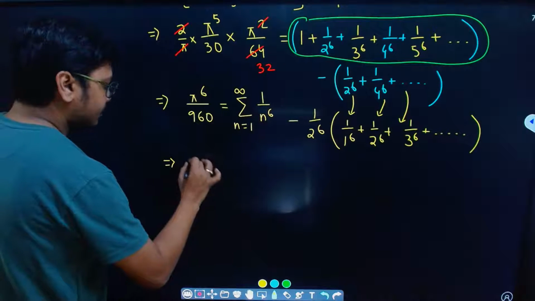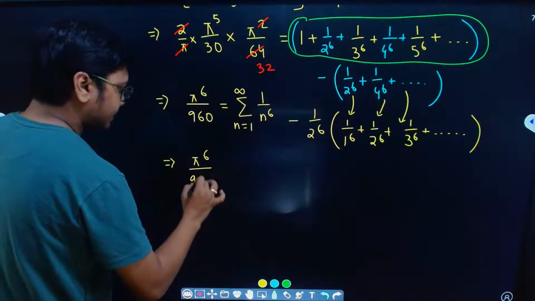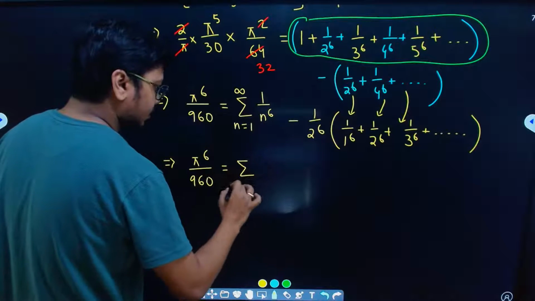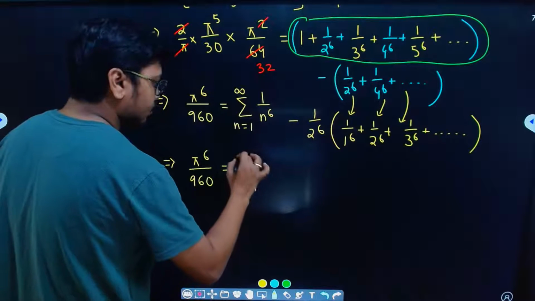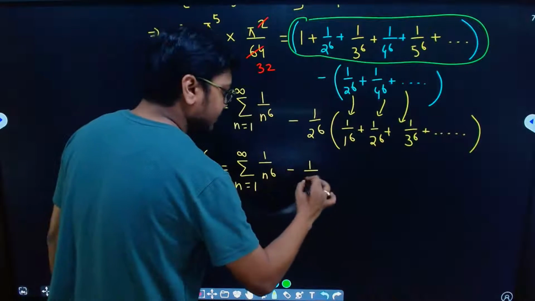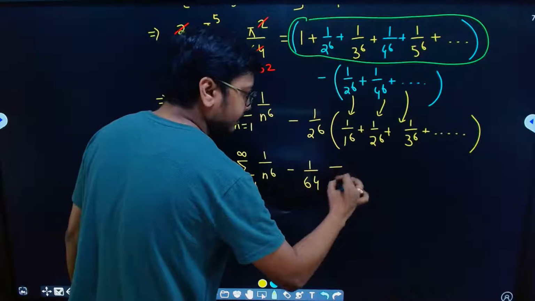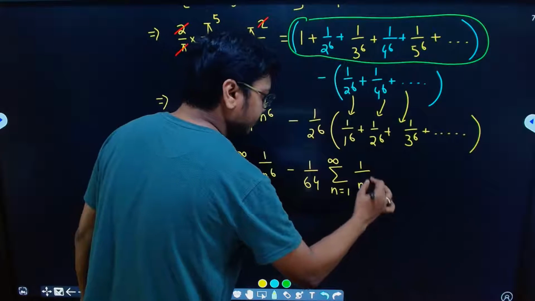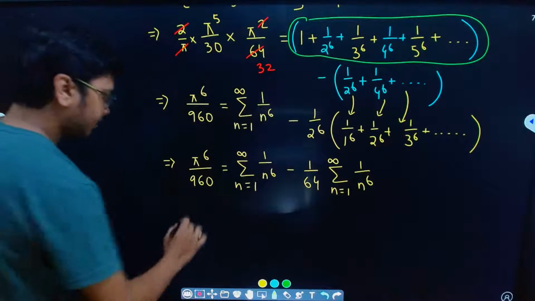So pi to the power 6 by 960 equals summation n equals 1 to infinity 1 by n to the power 6 minus 1 by 64 times, if I write this in terms of summation, n equals 1 to infinity 1 by n to the power 6, right?